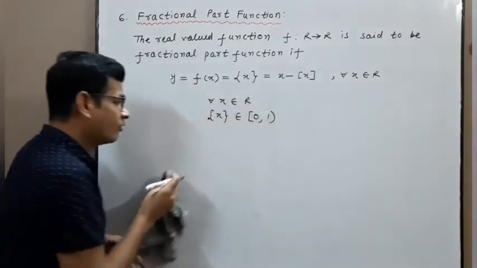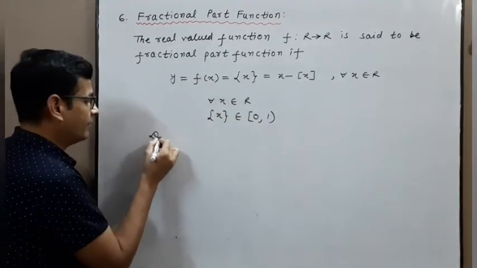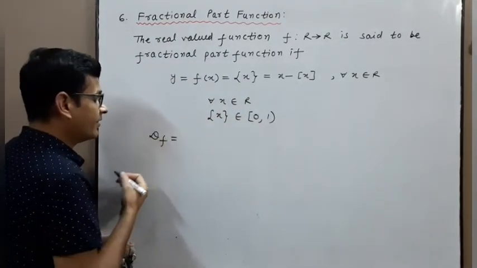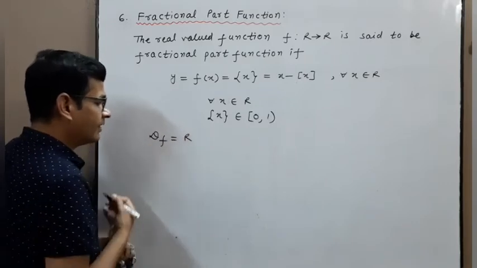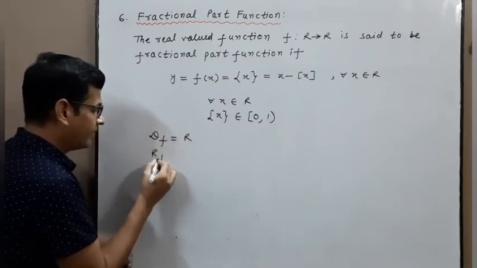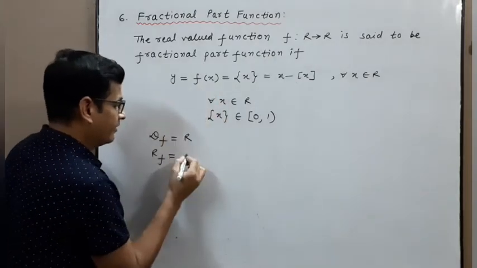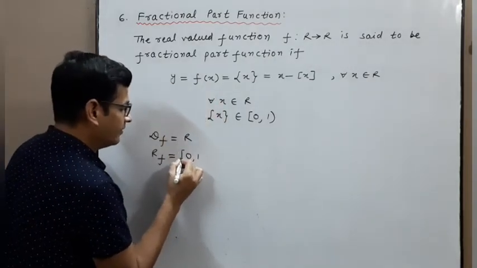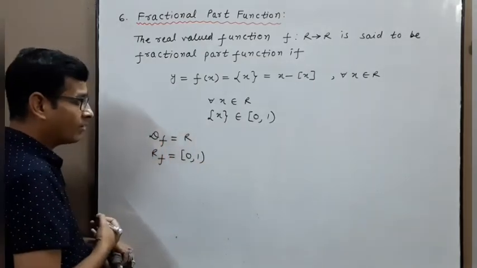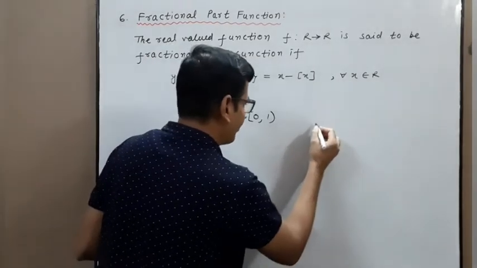Now write the domain and range. The domain of the fractional part function is the set of real numbers. And range means output, all possible values of f(x), meaning 0 to 1. And now the graph of the fractional part function.